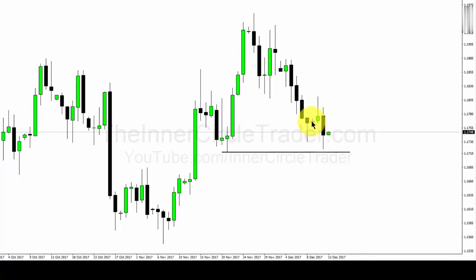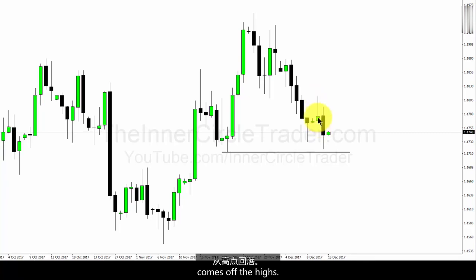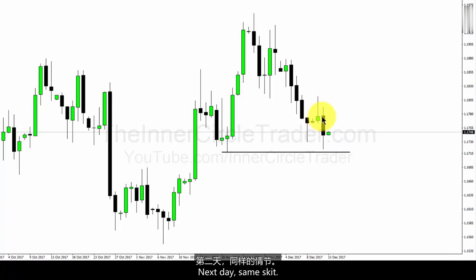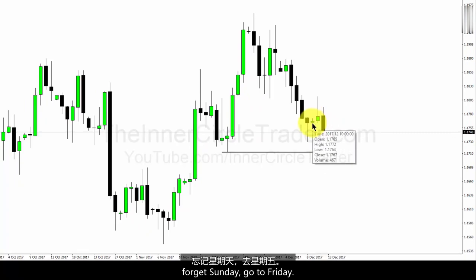The next day, well, this is going to be Sunday. So here's a Monday trading range. It opens, rallies up, gets a short-term overbought scenario, comes off the highs. That is a potential reversal scenario. The next day, same skit. We're looking for the market to open, trade below the previous day's low, and then ultimately, if it trades through that, forget Sunday, go to Friday.